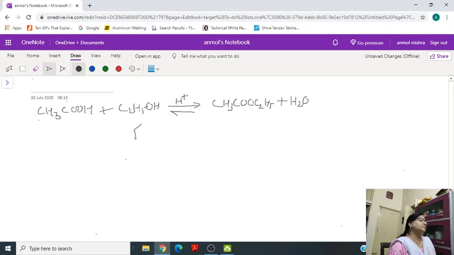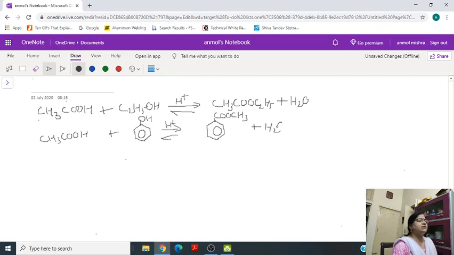For example, this reaction takes place both with alcohol as well as phenol.